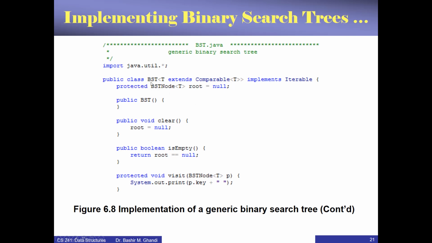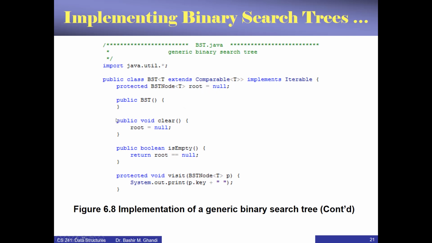In terms of variables, this time there is only one variable called root, of type BST node. In DLL, if you recall, we have two references, head and tail, but this time it's only one, which is called root. The constructor does nothing because there is nothing to do actually, just initializing root to null.